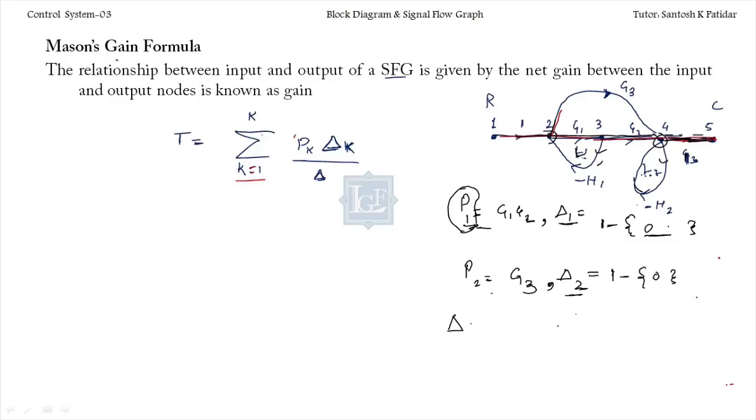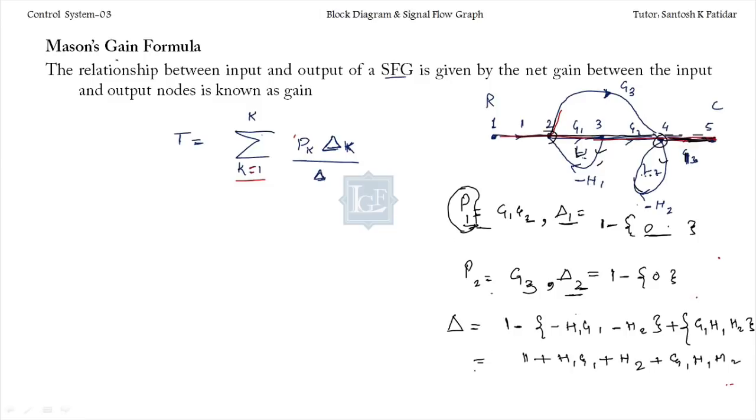And if you'll talk about the overall delta or del, it will be 1 minus sum of individual loop gains. It is minus H1 G1, this one, and this is minus H2, plus two non-touching loop gain products. It is G1 H1 H2. Is it okay? So it will be 1 plus H1 G1 plus H2 plus G1 H1 H2. The calculation part is over.